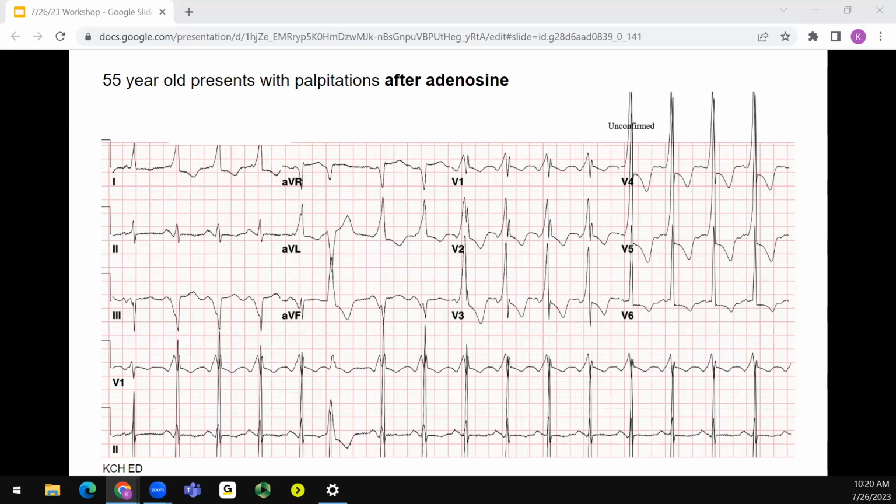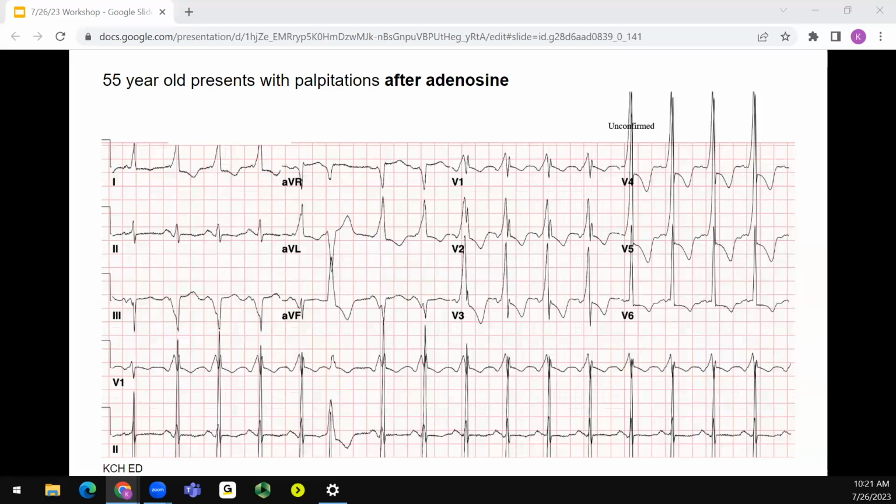Again, remember the WPW has two ways of going. It can go the more dangerous way, right down that bundle of Kent, and then it's going to be wide, and if it's with pre-excitation AFib, it's going to be irregular. That's the dangerous one, when it's wide and irregular.